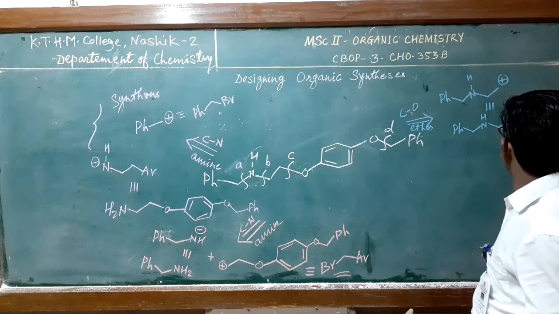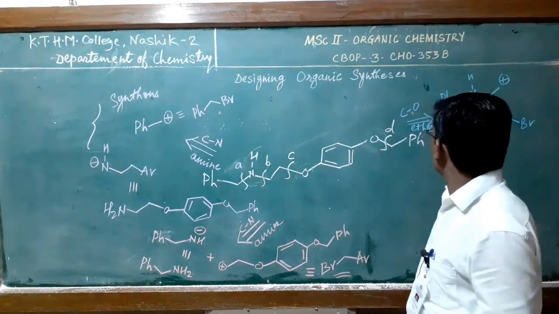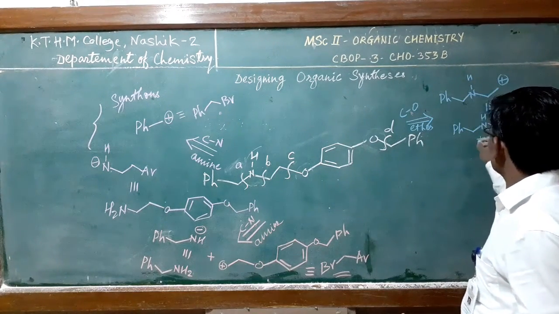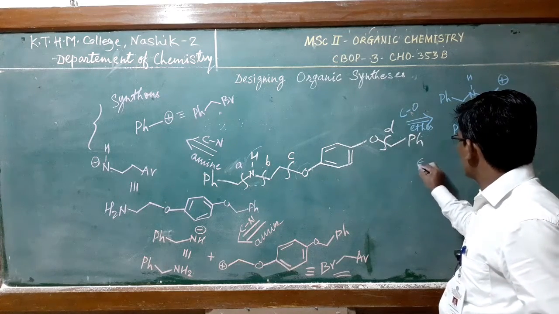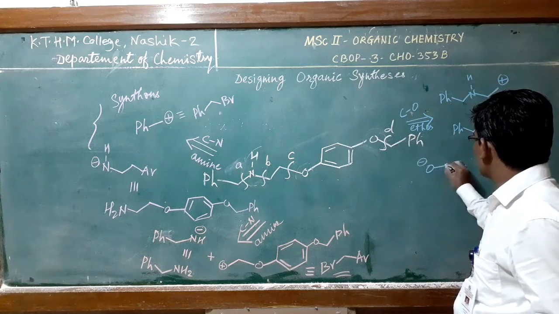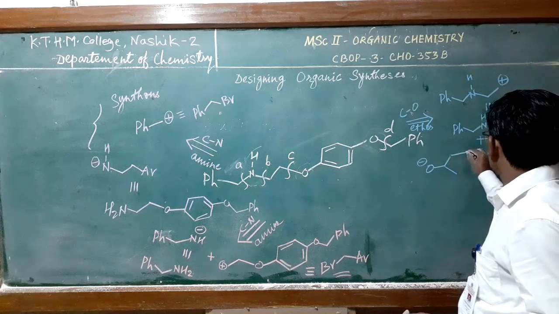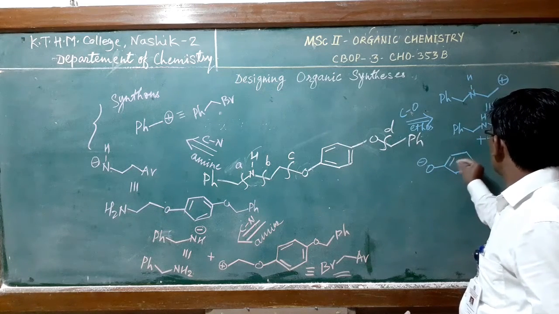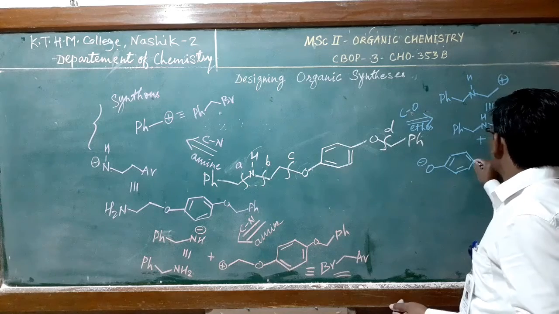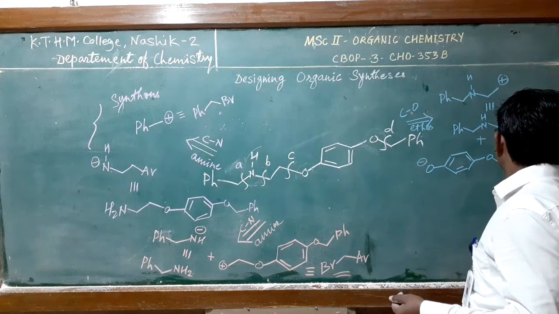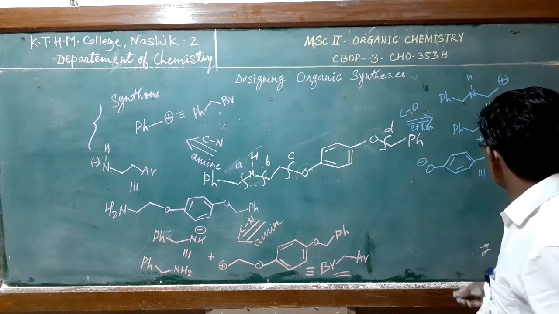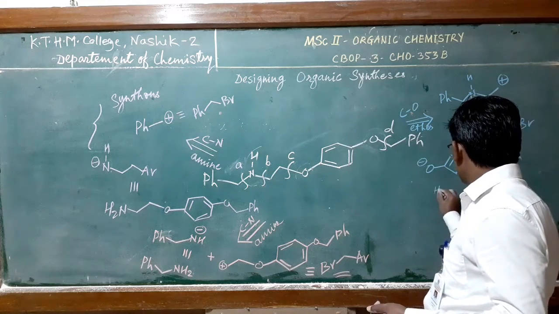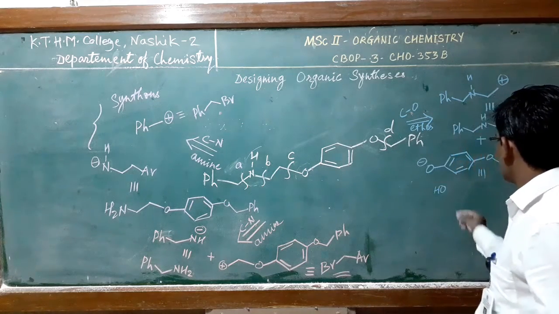So, this bromo derivative. Then the next synthon is oxygen with negative charge, and this corresponds to its, so hydrogen will get attached.